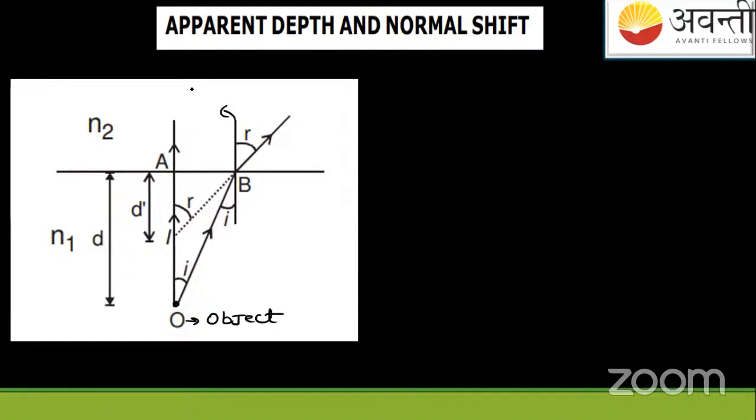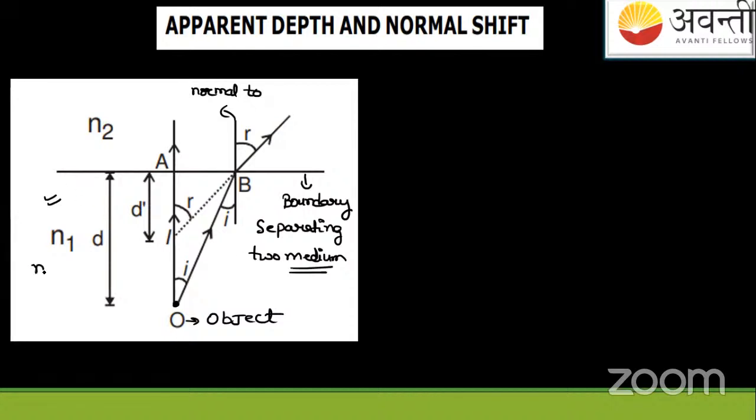This is the normal to this boundary separating two mediums. And this medium, say this is water. Let us suppose this is water, denser, or you can say any denser medium.